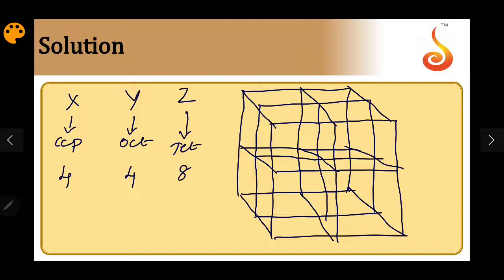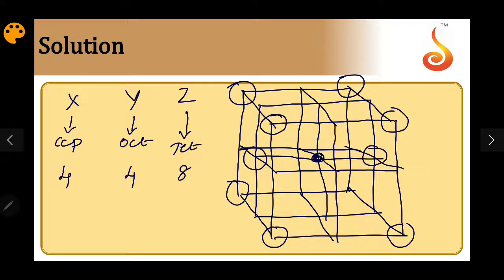so the octahedral voids are here. One octahedral void. This is the corner particle. These are X, what I am writing. The octahedral voids, that is Y, I am writing here.